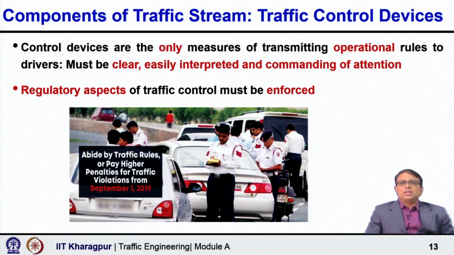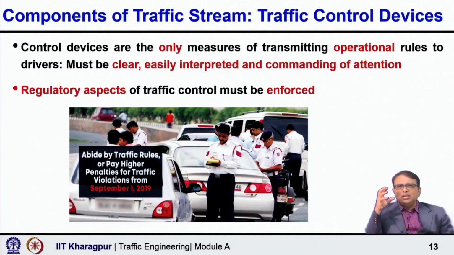So, control devices are the only measures of transmitting operational rules, as I said, one way, speed limit, no right turn, compulsory left. Okay. So, transmitting operational rules to drivers. Therefore, we expect them to be very clear, easily interpreted, and commanding in action.